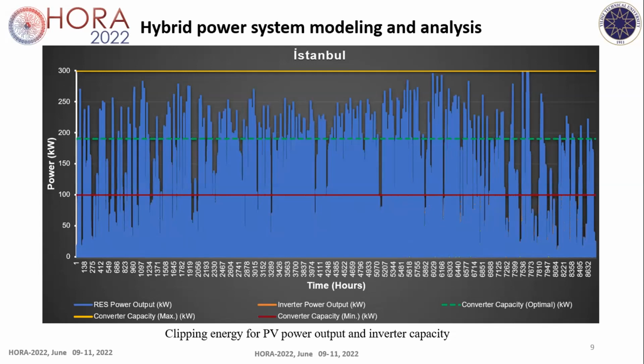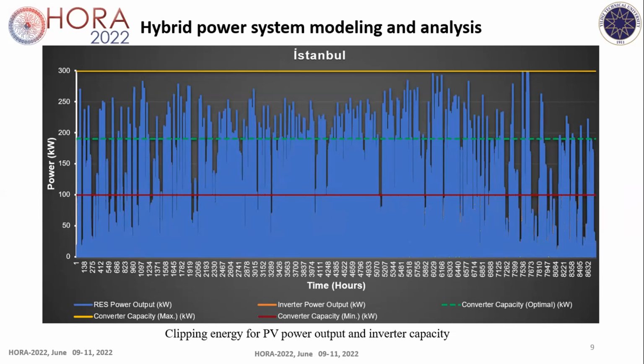You can see the upper yellow line is the maximum inverter capacity. According to the installed PV capacity, it is selected 300 kilowatt. And the middle yellow line is the optimal converter capacity, and the base red line is the minimum converter capacity.